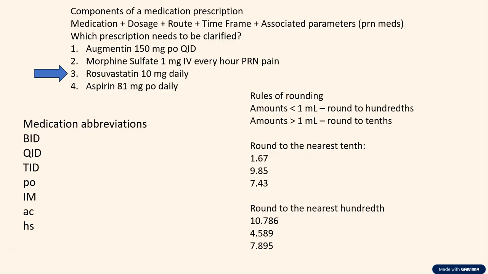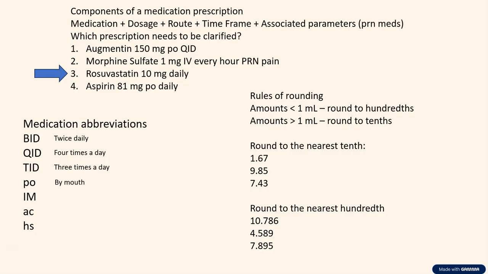The next section below that is medication abbreviations. Again, I would like you to pause and make sure you know these abbreviations because I'm going to review them rather quickly. First, we have BID, which stands for twice daily. QID stands for 4 times a day. TID stands for 3 times a day.